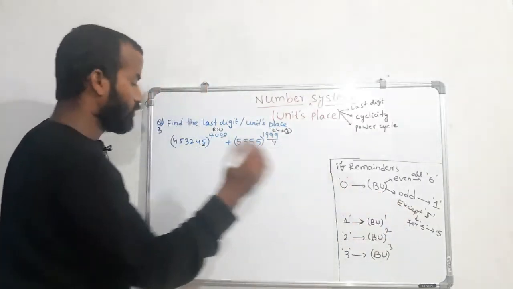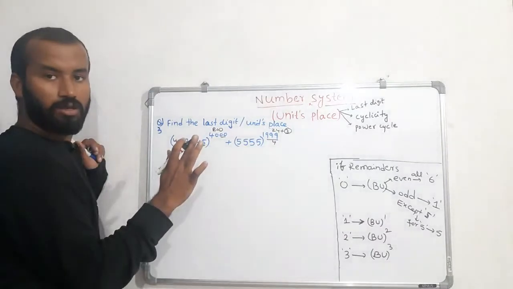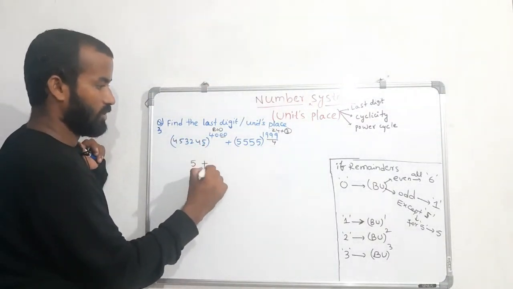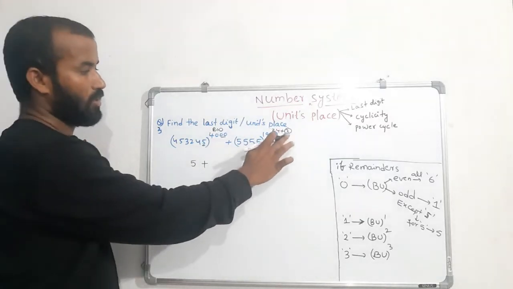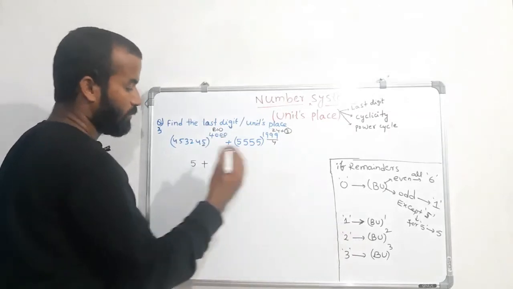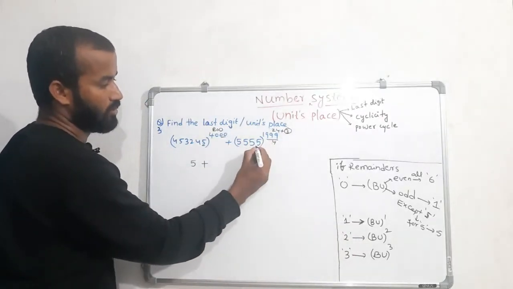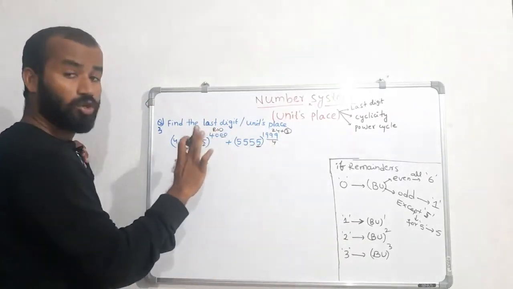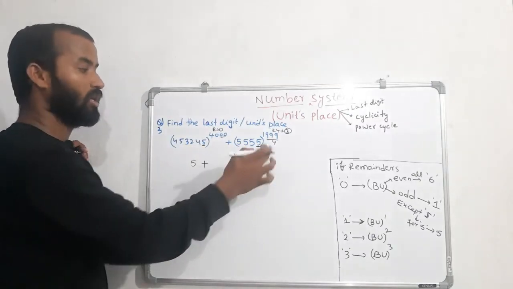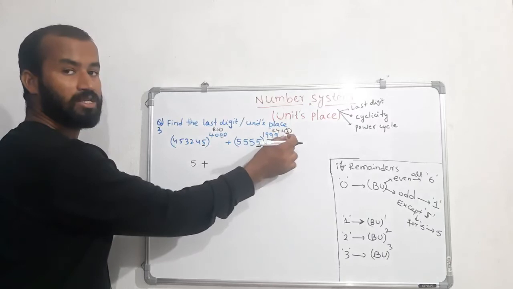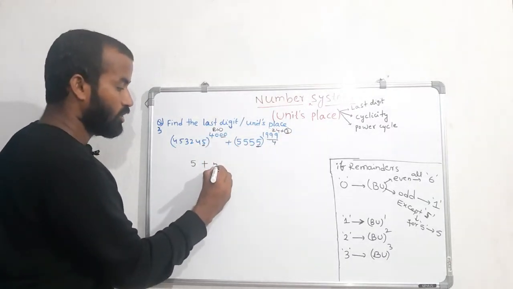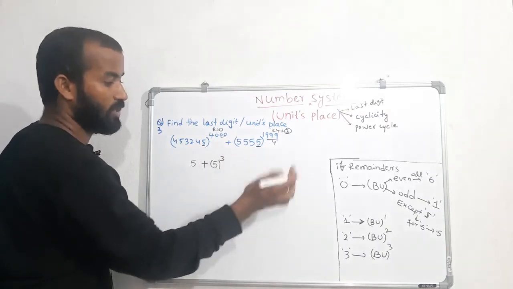So for 5, the answer will be 5 only. 5 plus, here remainder is 3. So we have to make base unit power 3. When remainder is 0, only then you have to check whether the base unit is even or odd. Here remainder is 3, no need of checking even or odd. Just make base unit power 3, because remainder is 3.